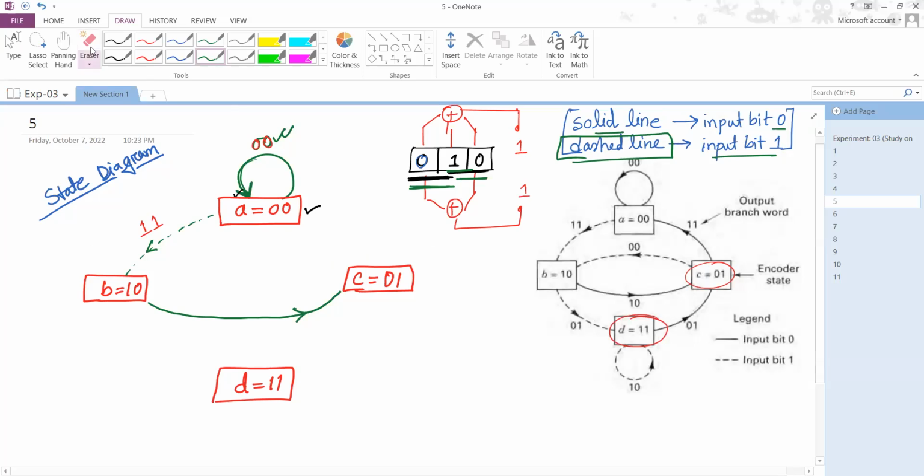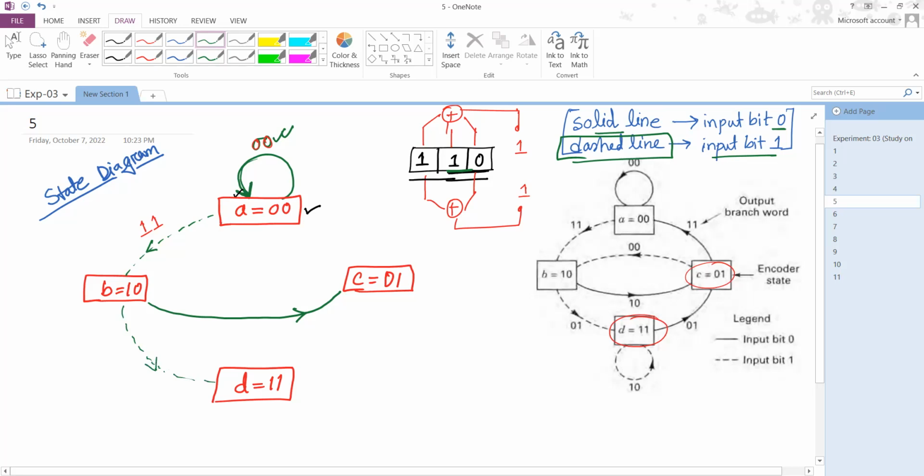And again, instead of 0, if I give the value 1 here, then from the 1, 0 position, it will go to 1, 1. But now, as we have inserted 1, we have to give the dashed line, because for the dashed line we have said that the input bit will be 1. So from 1, 0 it will go to 1, 1 with a dashed line.